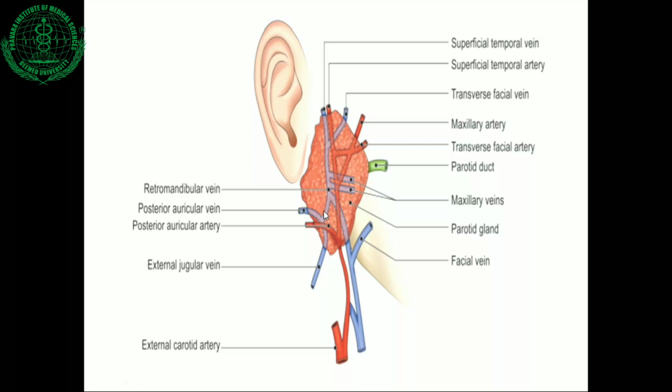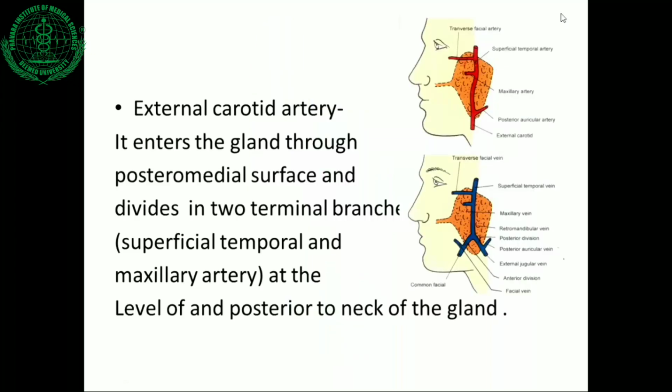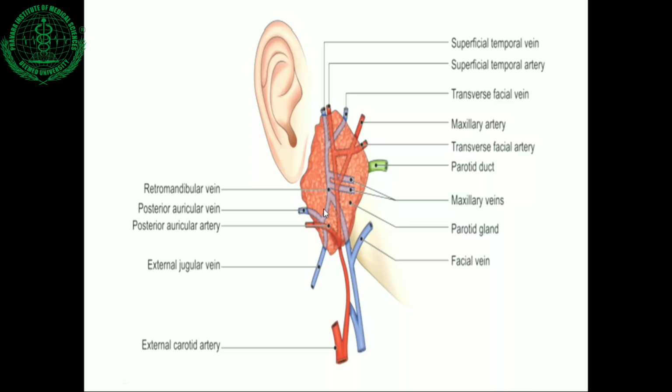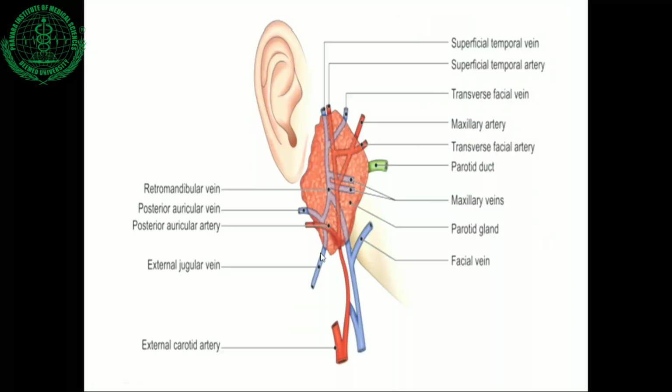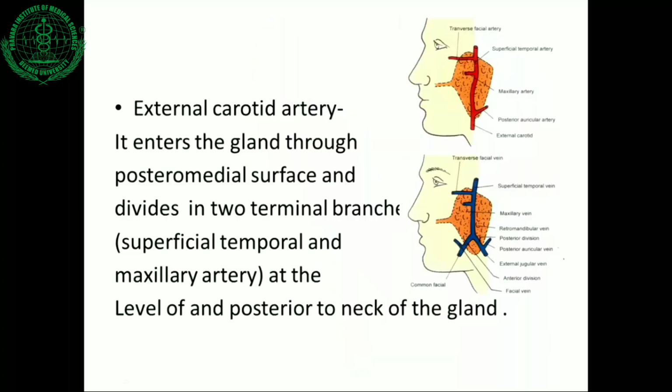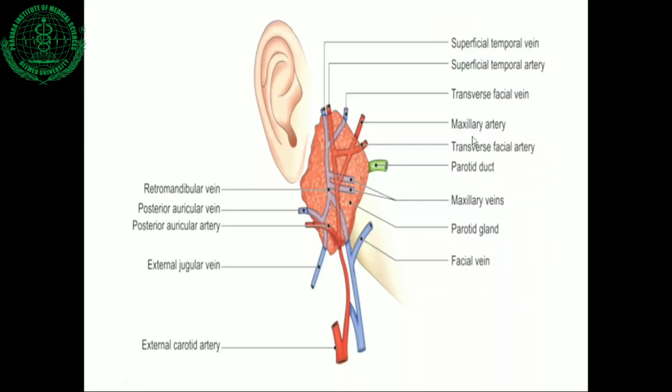Then the posterior division of the retromandibular vein fuses with the posterior auricular vein, forming the external jugular vein, which is a superficial vein lying in the cervical region. This is regarding the retromandibular vein and its 2 divisions, the anterior and posterior divisions.